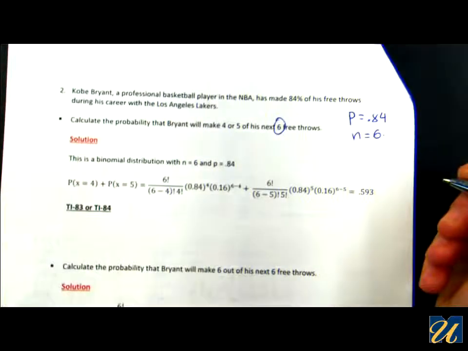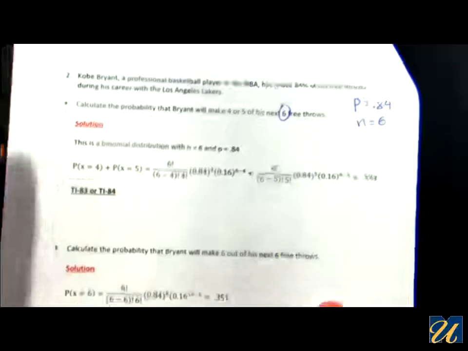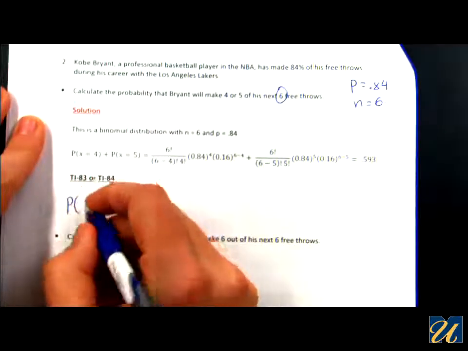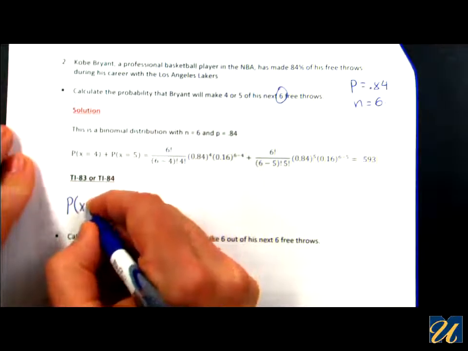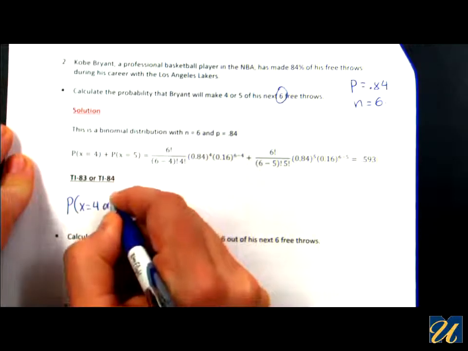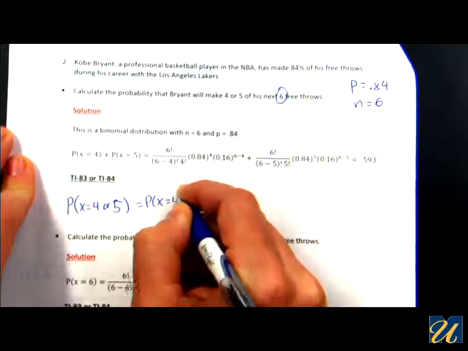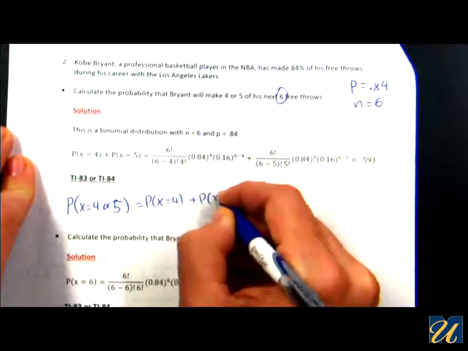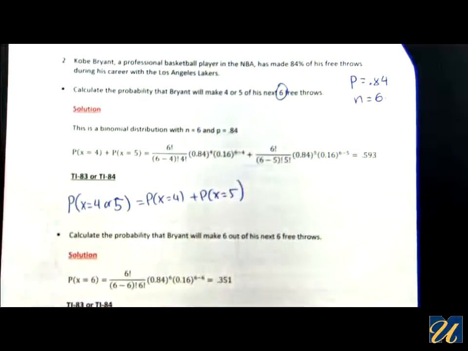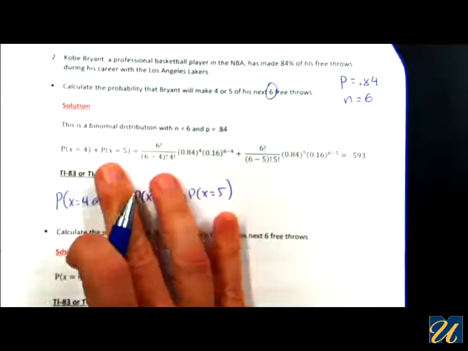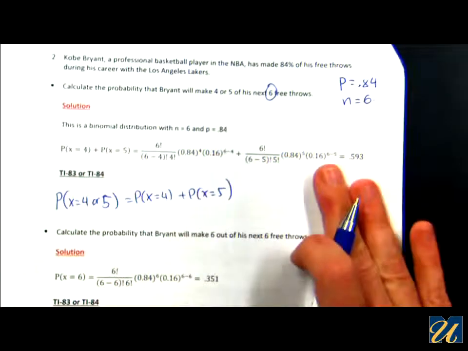And I want to find the probability that he will make either 4 or 5. That means x is equal to 4 or 5, which means probability of x equals 4 plus probability of x equals 5. I'm showing you how you would plug in the numbers if you were to use the formula.